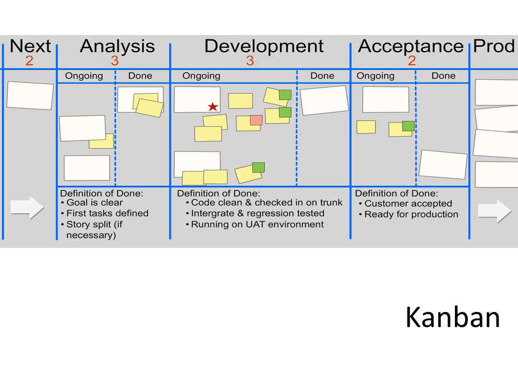We are now going to talk about another popular agile methodology called Kanban. So, what you can see in front is a typical Kanban board. We'll get into the details of each of the aspects of this.